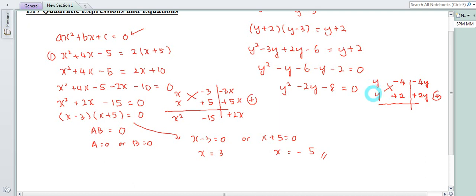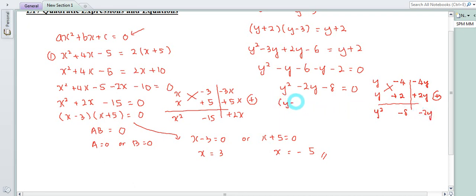Okay, then I start to do checking. Y times y, you get y squared, correct? Negative 4 times positive 2, you get negative 8, correct? Negative 8, y squared. This one add up together, not multiply, be careful here. So you get negative 2y. Okay, all correct.